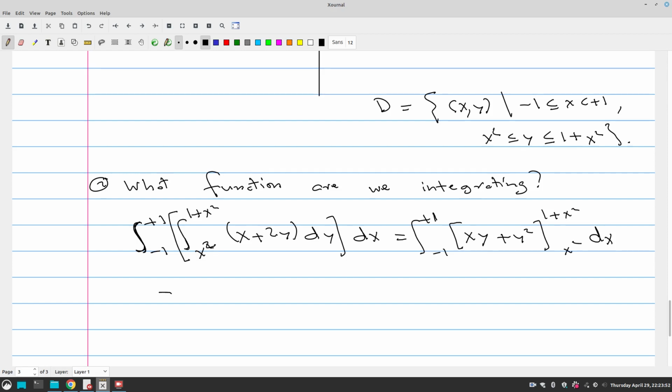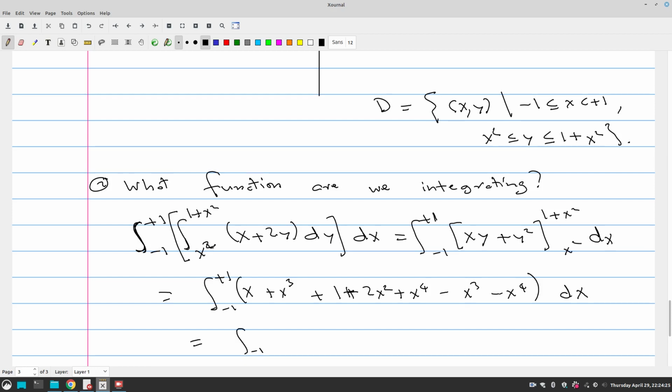Let's work out the integration. xy would be x plus x cubed, plus 1 plus 2x squared plus x to the 4th power, minus x cubed minus x to the 4th power, dx.